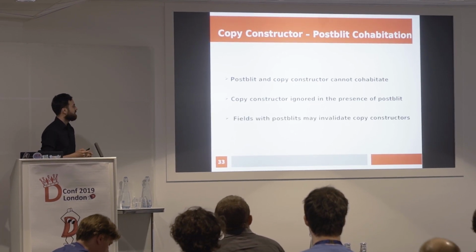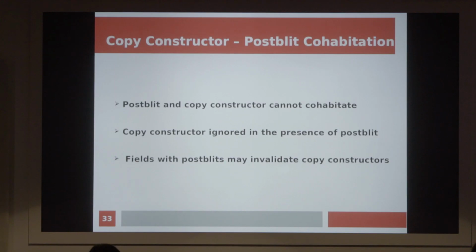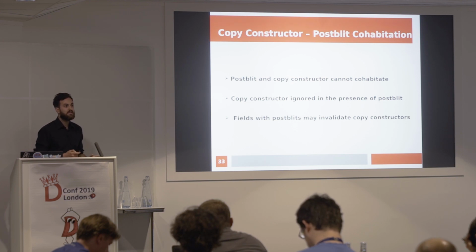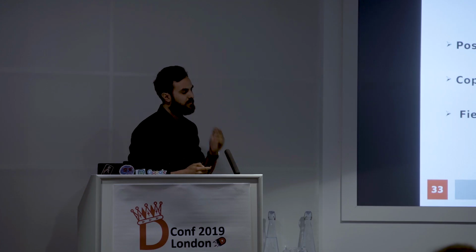Beware that if you have any fields with post-blits, the compiler is going to generate a field post-blit for you, and that may invalidate your copy constructor. So if in your situation where you have a class with a lot of members, and you have a copy constructor and it's not called, then most likely somewhere you have a post-blit.